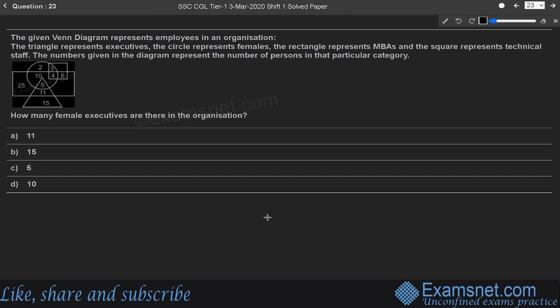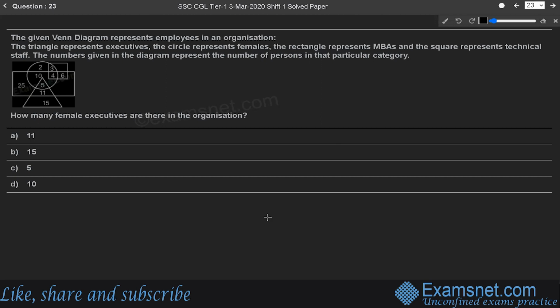Before that, you should know the meaning of Venn diagram. What do you understand by Venn diagram here? In simple words, a Venn diagram simply uses overlapping circles or any other shapes to show us a relationship between two or more sets of items. It also helps us to know how the items are similar and different. So here a Venn diagram is given which consists of different shapes, which is rectangle, square, circle and triangle.